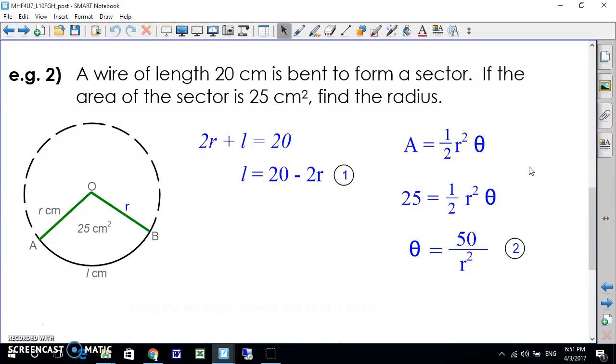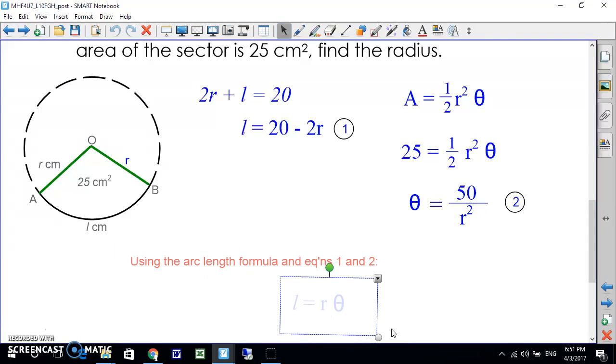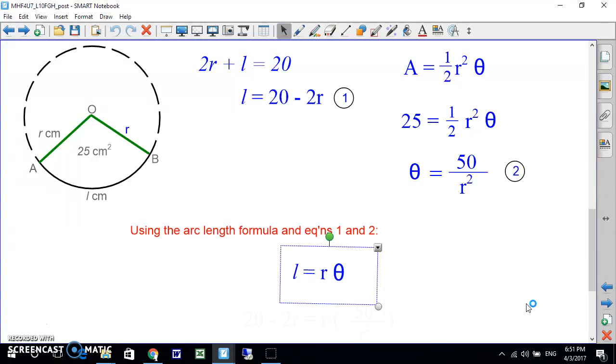It seems like we're stuck here, but don't forget we can also calculate arc length using L, r the radius, and also theta the angle. So if I pull out that formula, L equals r theta, we can actually form a third relation if I substitute equations 1 and 2.